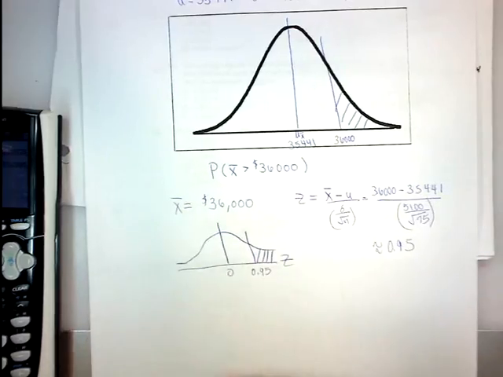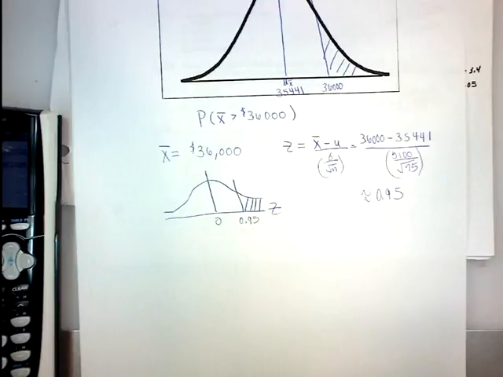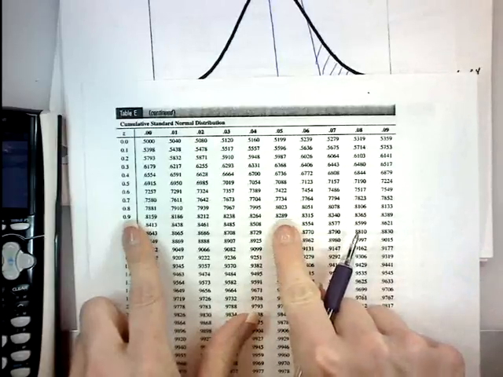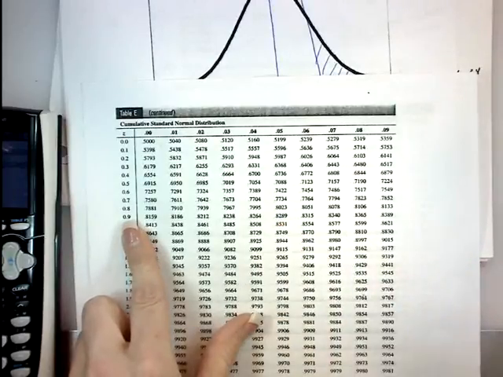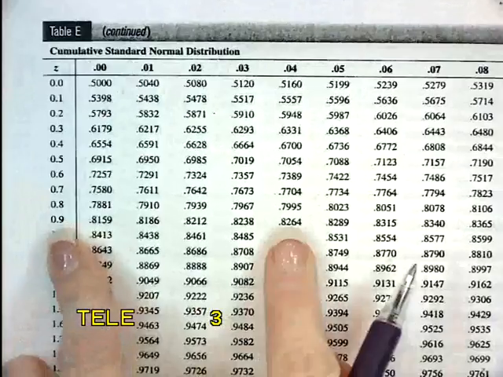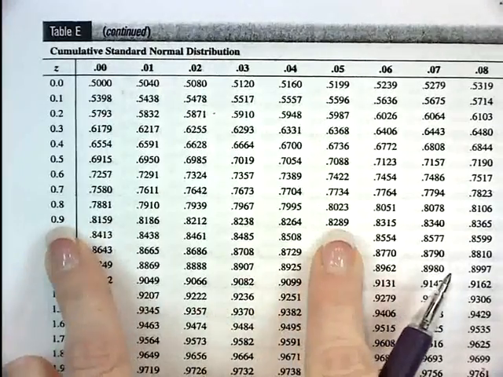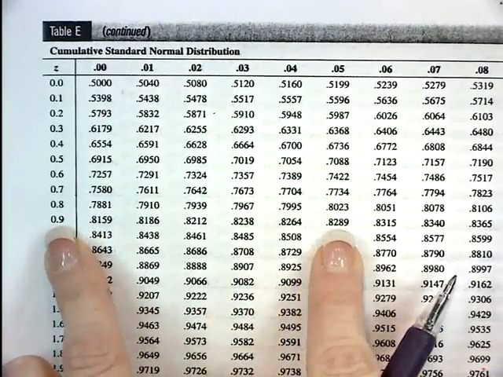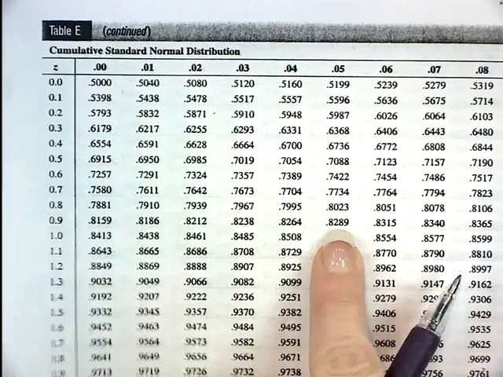above it. When we look up a z-score of 0.95 in the two-page z-table, the area below it is going to be 0.8289. 0.95 gives an area of 0.8289 below it.